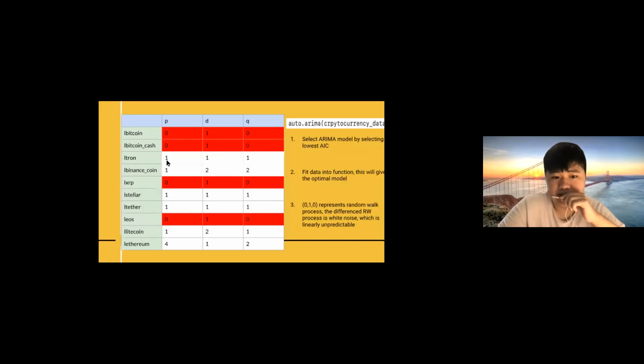Therefore, this indicates that the differenced data is a white noise process, which is linearly unpredictable, and it suggests that adding VIX as an exogenous variable into the ARIMA model is not likely to deliver statistically significant results. And the VIX does not have prediction power for these 4 cryptocurrencies' prices.